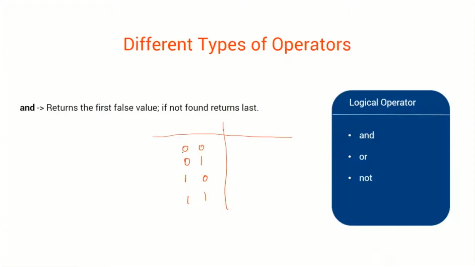So in computer, 0 represents false and 1 represents true. Let's work through this exercise. So result of AND operator on the first one is 0 and 0. Since both are false, AND operator will return false. 0 and 1, in this case too AND operator will return false. For 1 and 0, AND operator will return false. 1 and 1, since both the inputs are true, AND operator will return true.